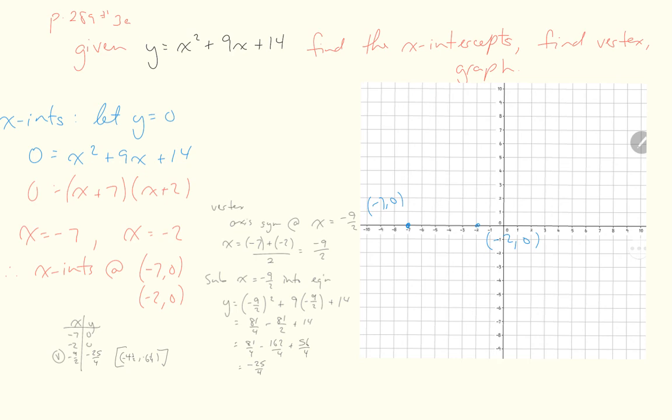I know I've got a vertex that I found here at (-4.5, -6.25), right around here. That's (-9/2, -25/4). And so all that's left to do is to draw in a nice parabolic shape.